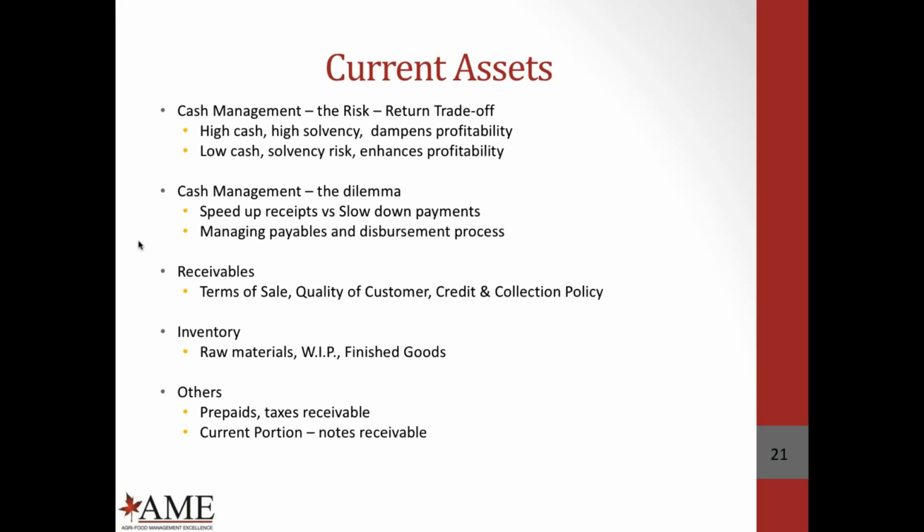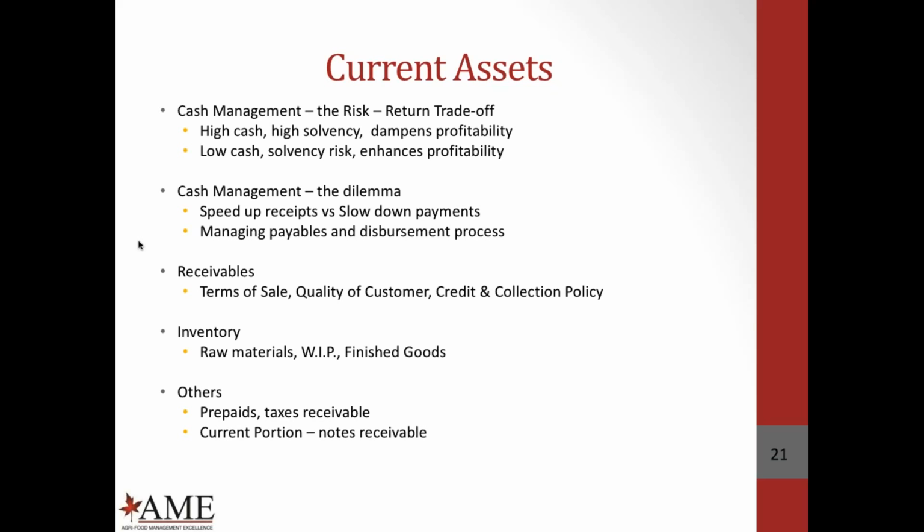So for cash management, obviously we talked about speeding up receipts, so speeding up those checks coming into you, but perhaps slowing down your payments a little bit and taking advantage of the supplier credit timelines in terms of payment. So that's basically managing your payables and your disbursement process yourself.